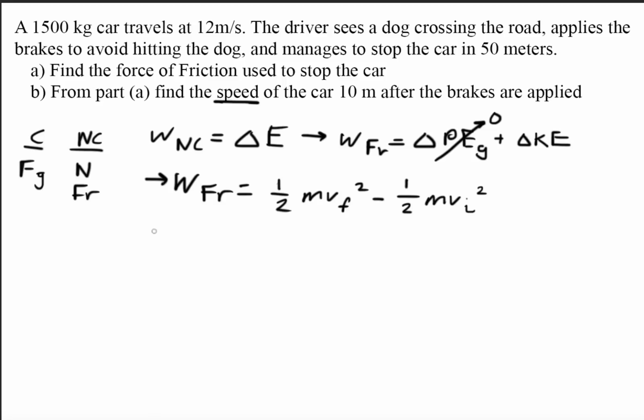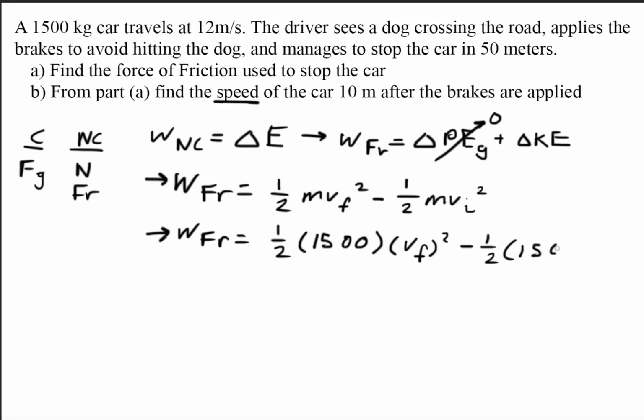So again, if we continue on with this equation, we get 1/2 times 1500 times the final velocity, which we don't know yet, squared, minus 1/2 times 1500 times our initial velocity, which is given as 12, squared. So let's clean this up.